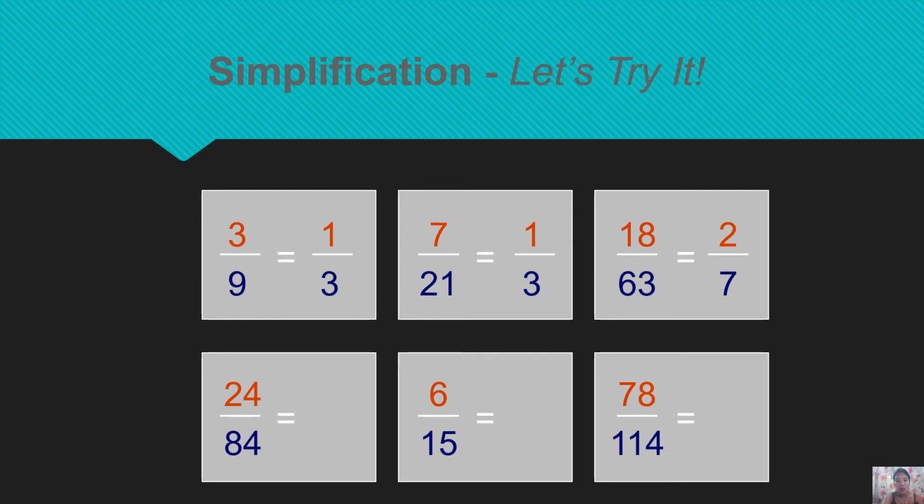How about 24 over 84? Yes. How about 6 over 15? Okay. How about 78 over 114? Okay. So those are just a few of the examples.